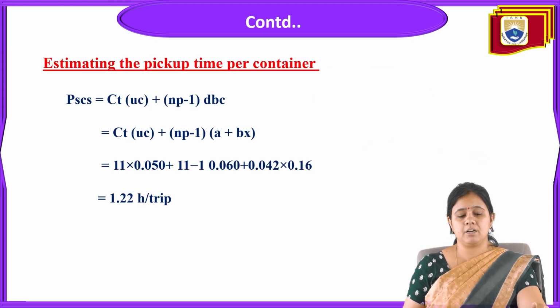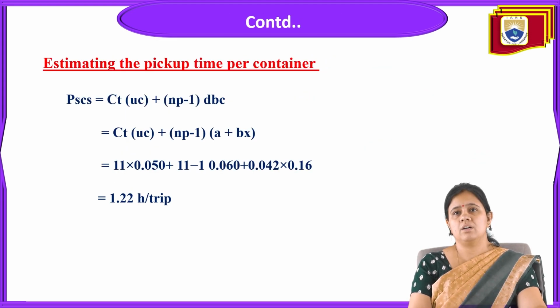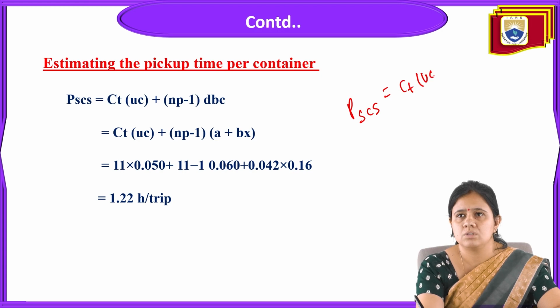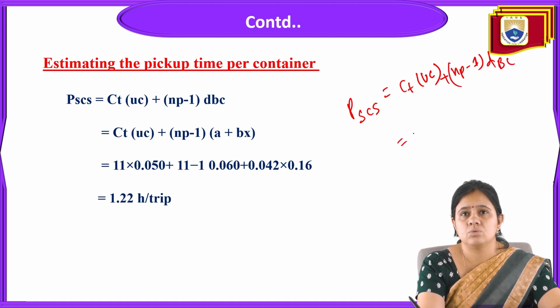Now estimating the pickup time per container. It is represented as PSCS is equal to CT into UC, UC we already know, plus NP minus 1 into DBC. So it equals CT UC plus NP minus 1, and total DBC can be represented as A plus BX.